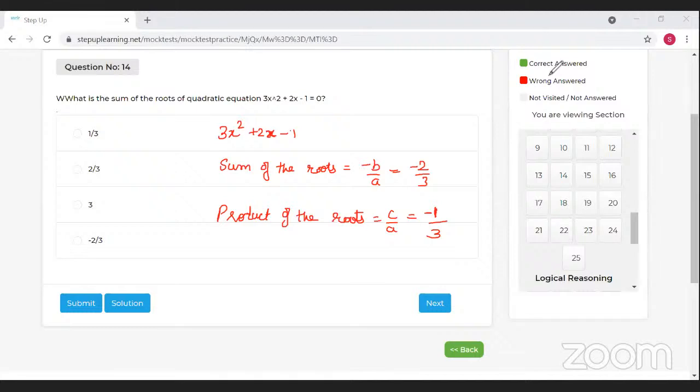And next one. What is the product of roots? Next one wrong. Yes, this has to be minus 1 by 3.